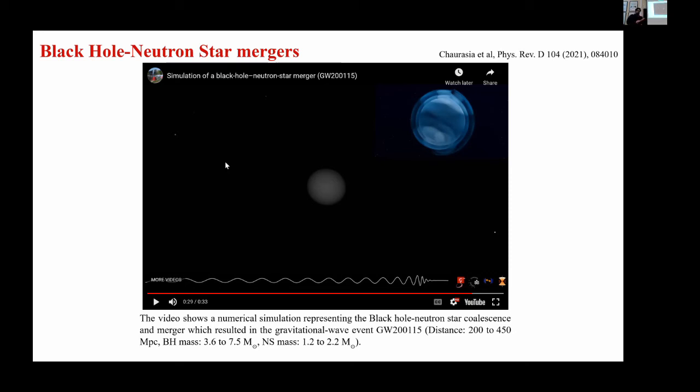So to answer your question, spin and mass ratio are the obvious things. Then you can also think about the equation of state, how soft or stiff it is, which would also allow disruption. And what you mentioned about eccentric orbits can obviously also matter: once the neutron star comes very close to the black hole, it can be disrupted.